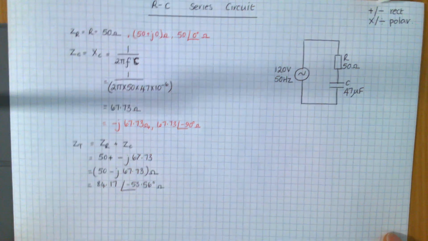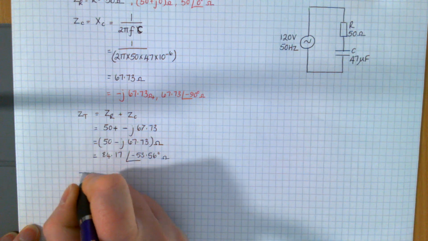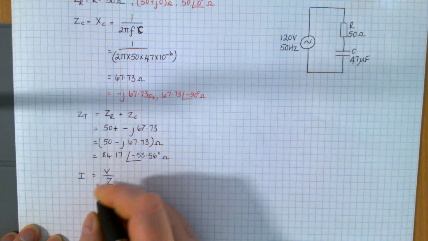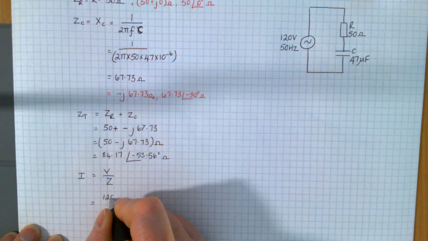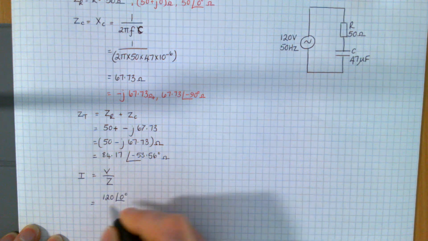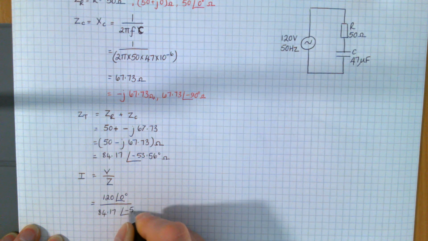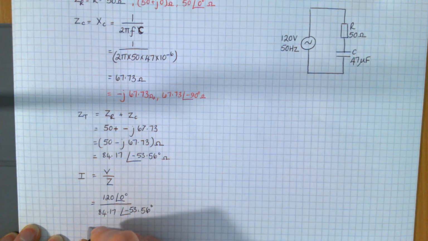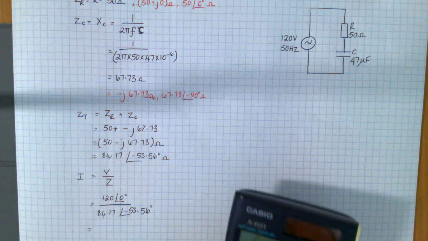From that Z total again, we can go on and work out what our current would be. I equals V over Z, just moving on from I equals V over R. Our V this time is 120, no angle given, so you take the angle to be 0. Your Z is 84.17 at an angle of minus 53.56. We're dividing, so you divide in polar form: divide your magnitudes, subtract your angles.